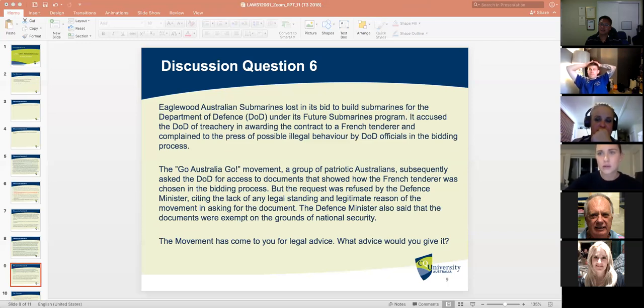Now, remember the reason why the Go Australia Go movement is seeking access to the document is really to find out if the bidding process was rigged. They're not trying to seek access about what the technology is of the French tender, or whether or not their technology is better. Their goal is to find out if the bidding process might have been rigged. So, in other words, can the defense minister just come up with a blanket reason to say that we can't release the document on the ground of national security?